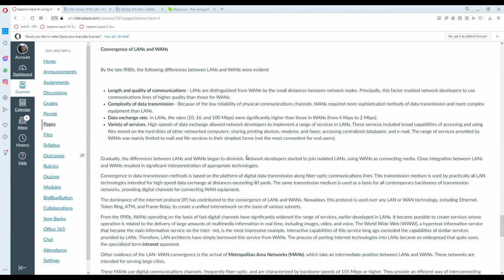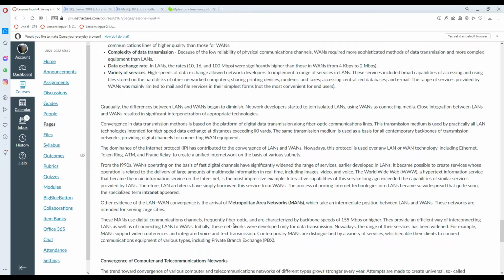In LANs, the speeds of 10, 16, and 100 Mbps were significantly higher than those of WANs, from 4 Kbps to 2 Mbps. Variety of services: high speed of data exchange allowed network developers to implement a range of services in LANs, such as sharing printing devices, modems and faxes, access to centralized databases, and email.